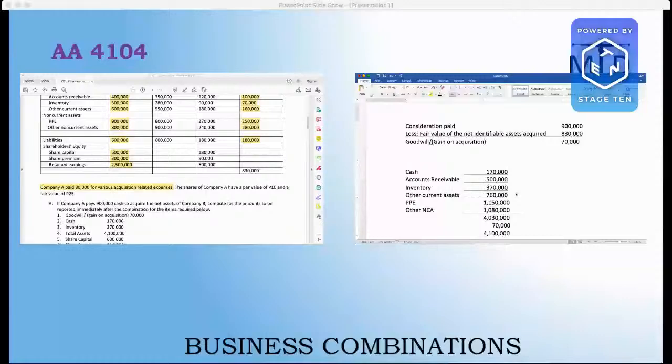Yes, because when they get the combined amounts, they rely on the table given in the problem, and the problem will not have any line item for goodwill. So many students would forget to include goodwill, but be careful if the acquisition results in goodwill. Of course, goodwill is an asset, so that should form part of the combined total assets.